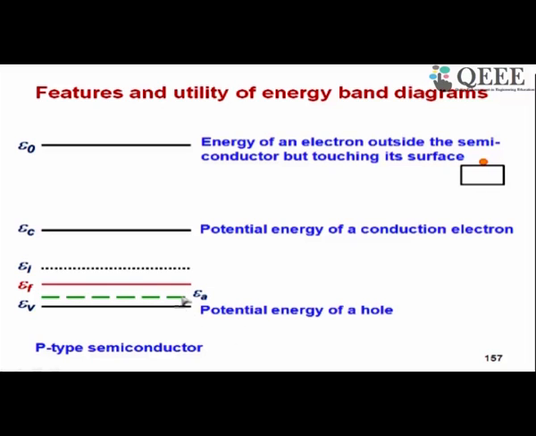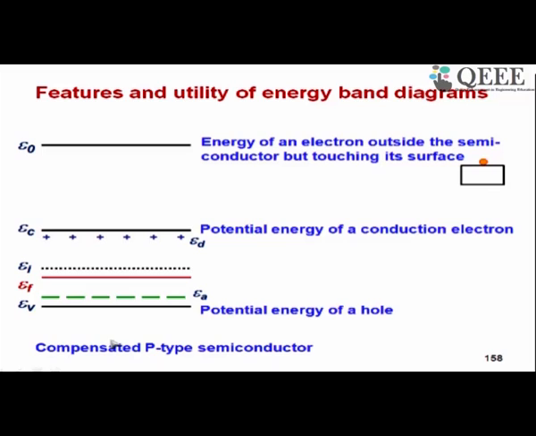In other words, an electron in the valence band should have that much energy to reach this acceptor level, and Fermi level in a p-type semiconductor is below the intrinsic level. Now if you add n-type impurities in addition to p-type impurities, if the number of n-type impurities or donor impurities is small, then your semiconductor is still p-type, but its p-type nature has reduced, therefore Fermi level has moved closer to EI.